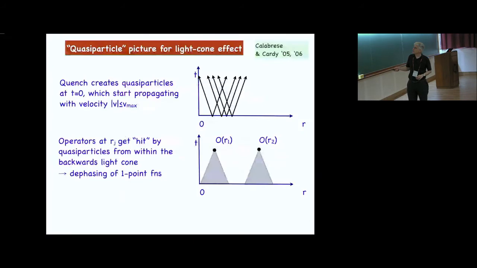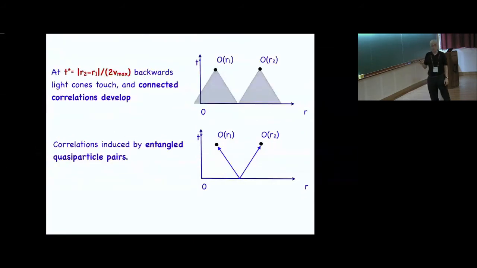Now, if I wait long enough, until this time T star, which is the separation between the two operators I'm interested in, divided by twice the maximal propagation group velocity, the backward light cones touch, and then connected correlation functions can develop.